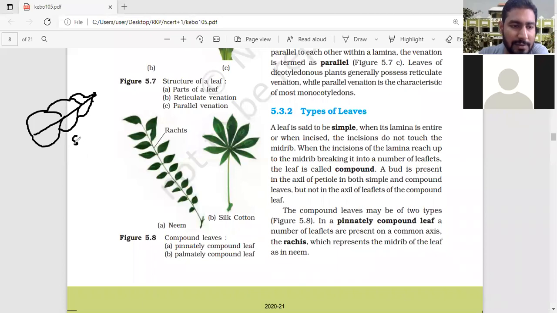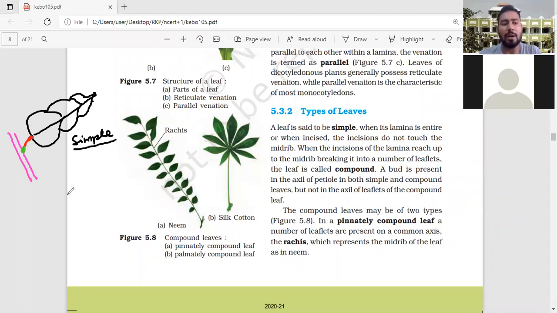This type of leaf is known as the simple leaf. It has the petiole and leaf base. This is the petiole, and one more structure, the stem, by which it gets attached. This structure is known as the leaf base.